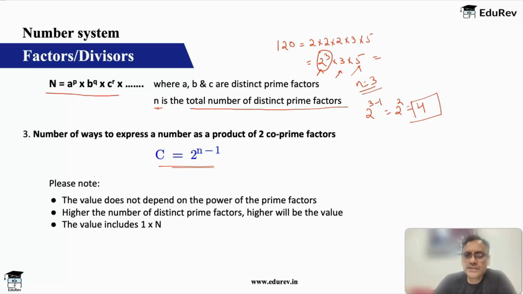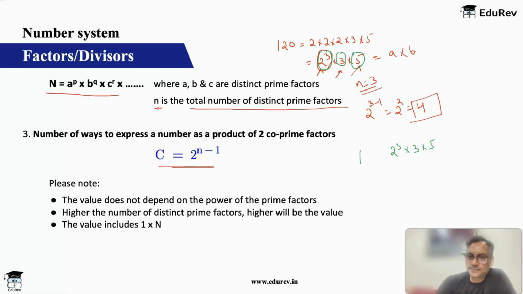So if you have to represent this number as a into b, very interesting, you basically have 1, you have 2 cube, you have 3, and you have 5. You have 3 parts. First case: you take 1 on one side and you take 2 cube into 3 into 5 on the other side.